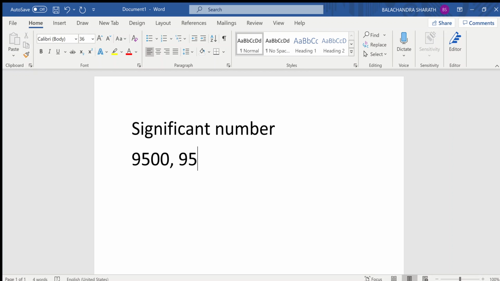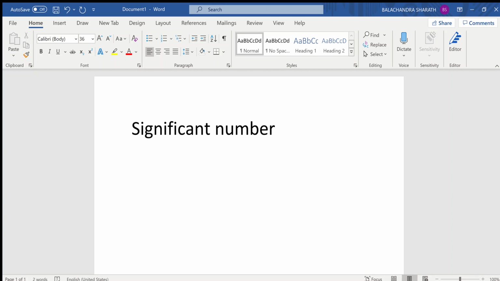This number 9500 has only 2 significant numbers. Same goes for 8500, which only has 2 significant numbers, which are 8 and 5. The trailing zeros do not count because there are no decimal points. If I put a decimal point, 8500.0, then this number has 5 significant numbers.